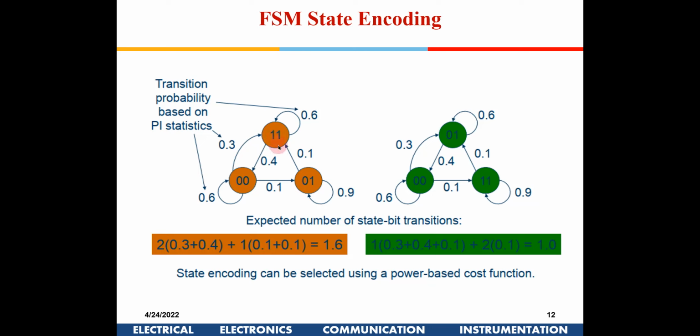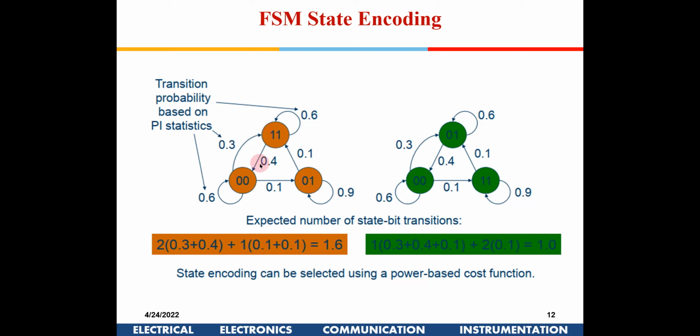So in this particular circuit, if I try to compute the switching activity, these are the probabilities I have written here. From 1 to 1 the probability is 0.6. From this state to this state, the probability of moving is 0.4, and from here to here the probability is 0.3.